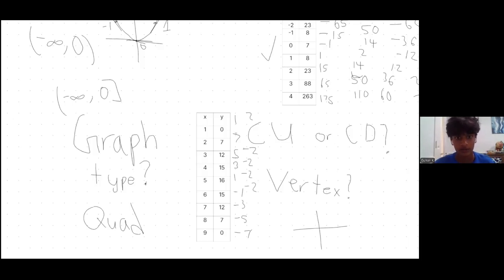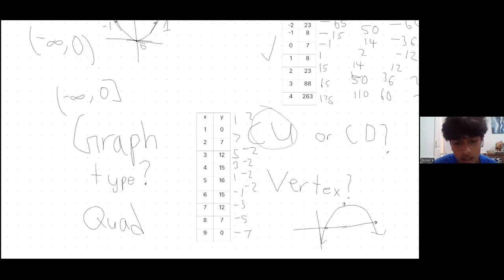But if we just sketch out the graph, when x is 1, y is 0, x is 9, y is also 0. And then when x is 5, y is 16. So just imagine this point is 5 comma 16. You can tell that the graph looks something like this. And this looks like our usual frown face, where the rate of change is decreasing. So therefore, it is concave down.